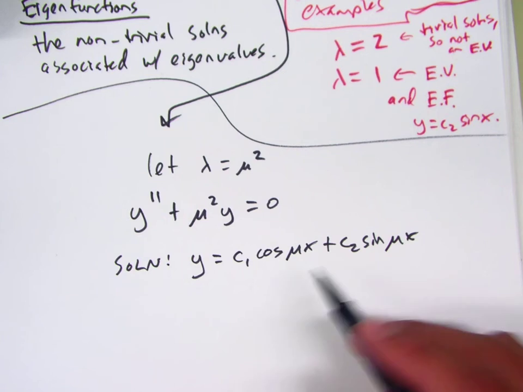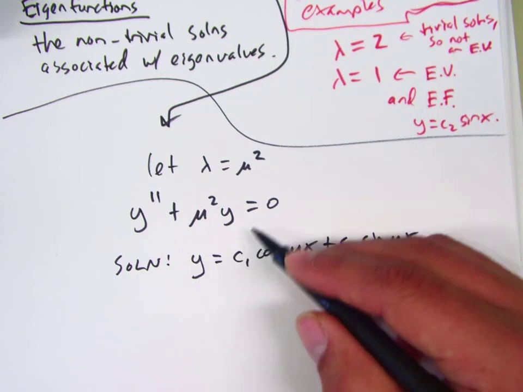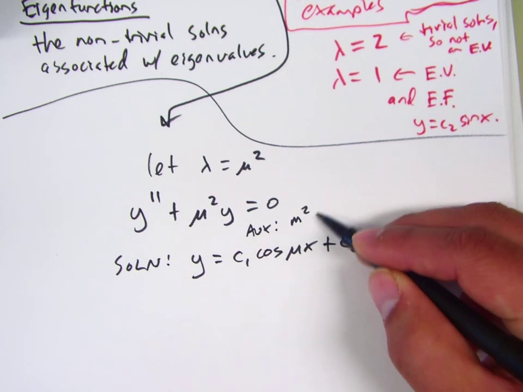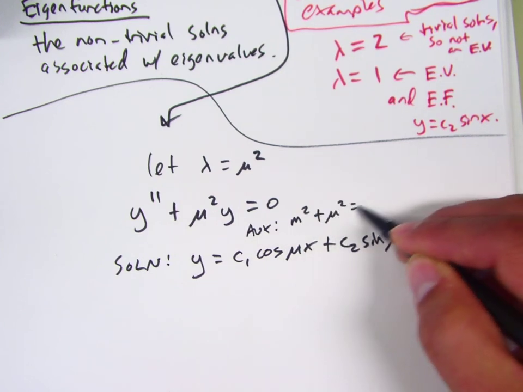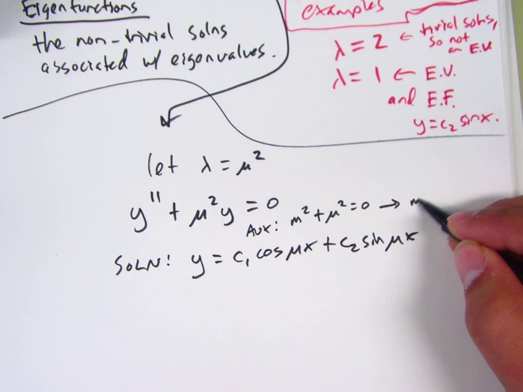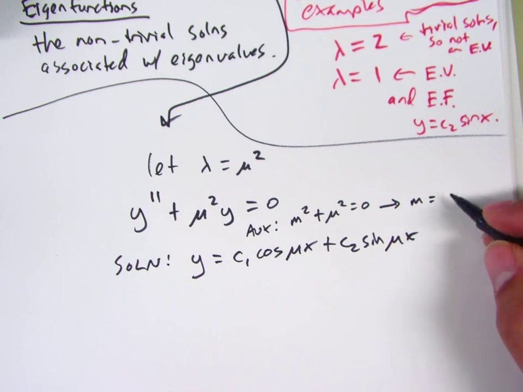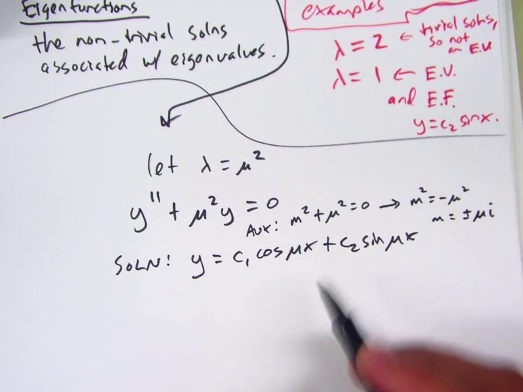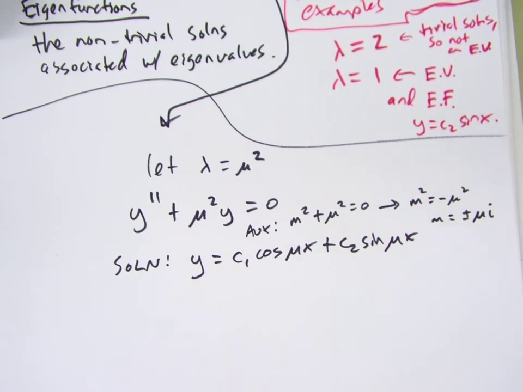Maybe it's worth writing down at least one time. The auxiliary equation here is m squared plus mu squared equals 0. M squared equals minus mu squared. So then m is going to be equal to plus or minus mu i. So that's where we're getting these solutions from. Okay.